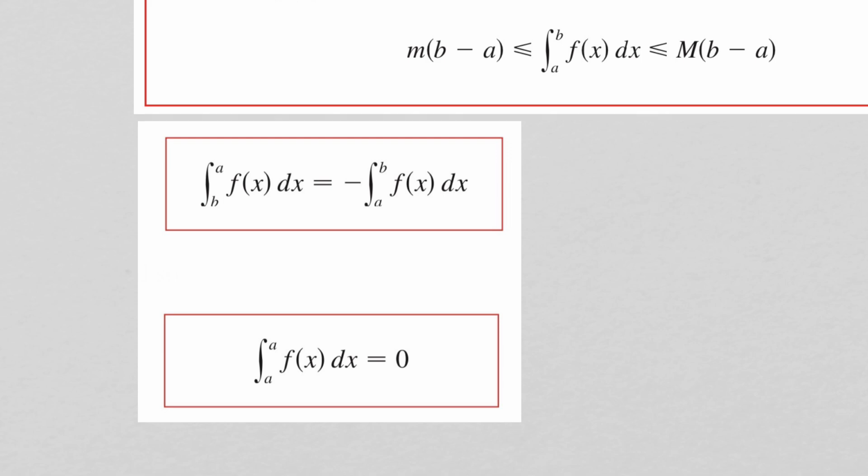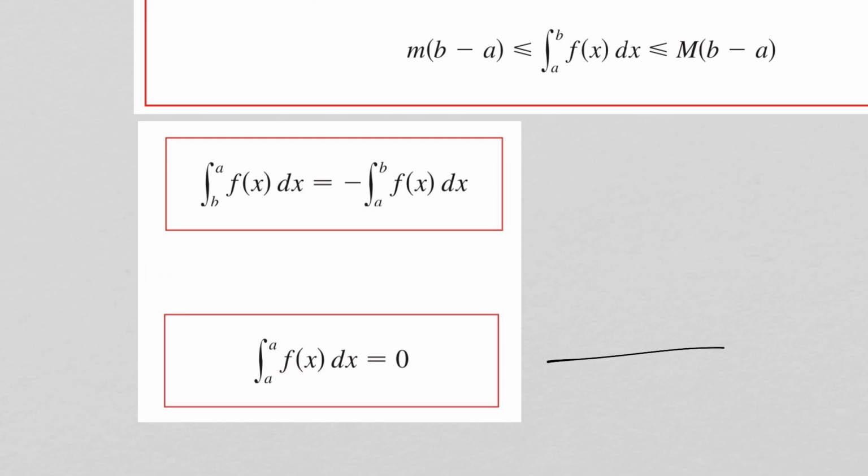And that is, if you integrate from b to a, you can switch the limits, but if you switch the limits, you have to put a negative sign in front. So you can switch the limits of any integral at any time, so long as you put a negative sign in front. And the final one says, when you integrate from a to a of f of x, that is always equal to 0.